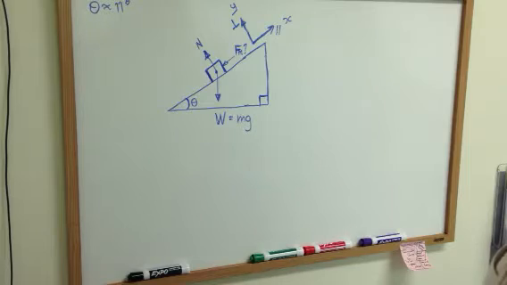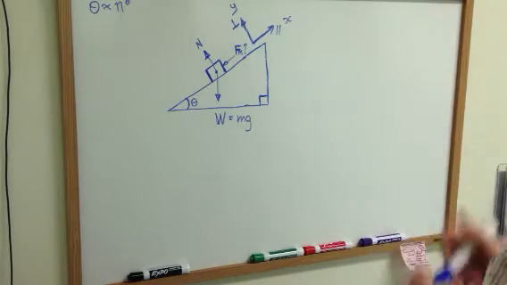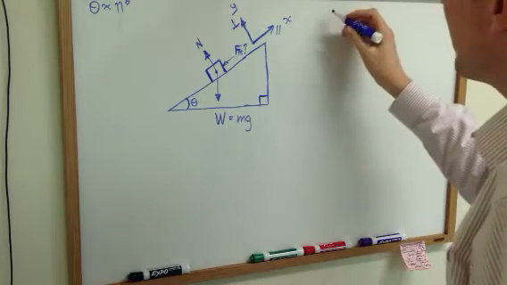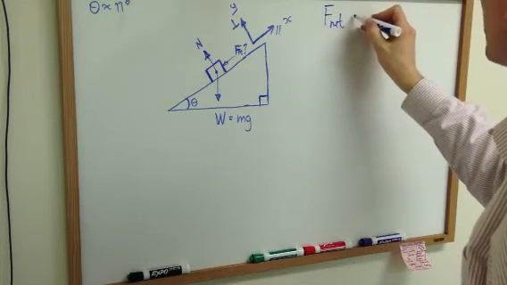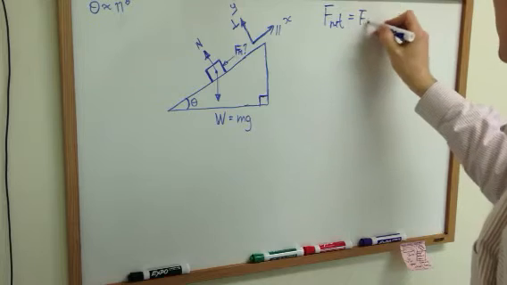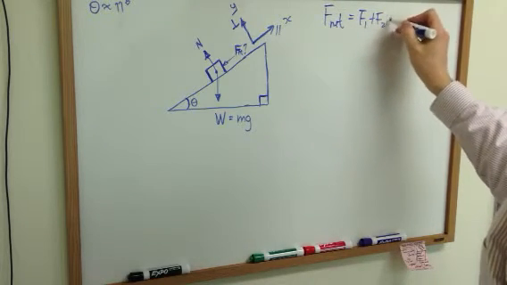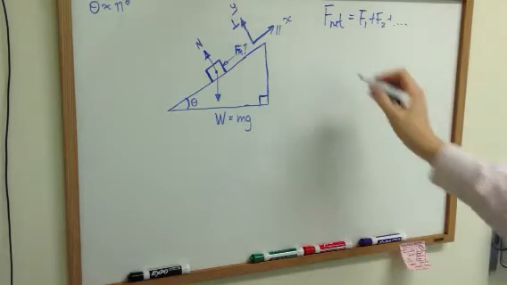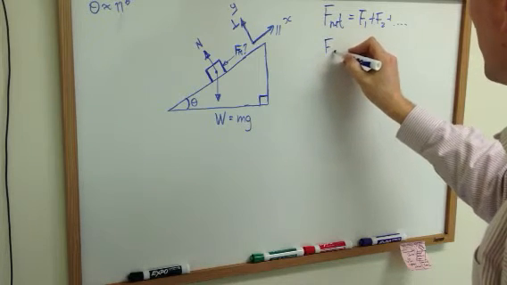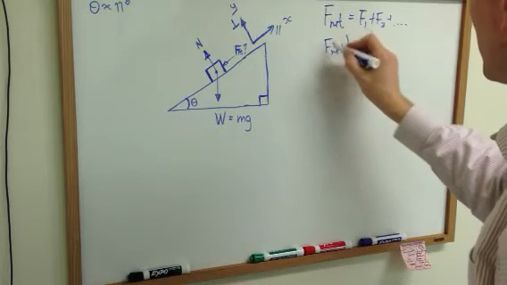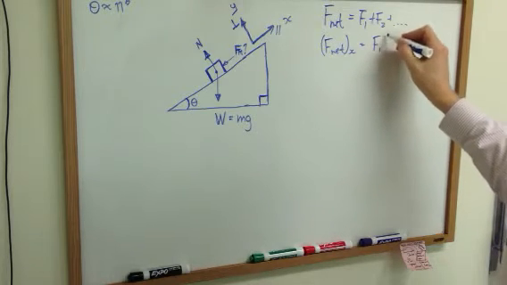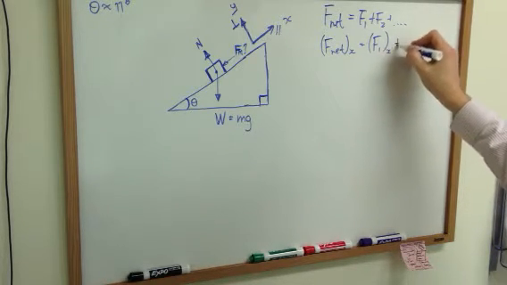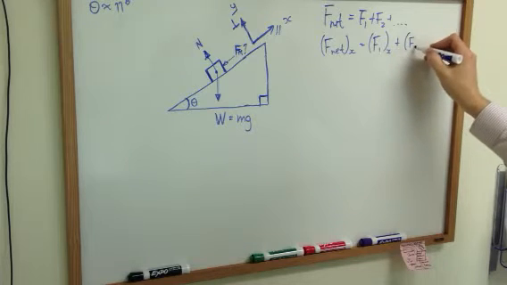Now, if you want to know how an object moves, you look for a net force. What's the net force on this object? The net force is you just simply add up all of the forces. And then the forces in one direction are independent of the forces perpendicular to that direction.